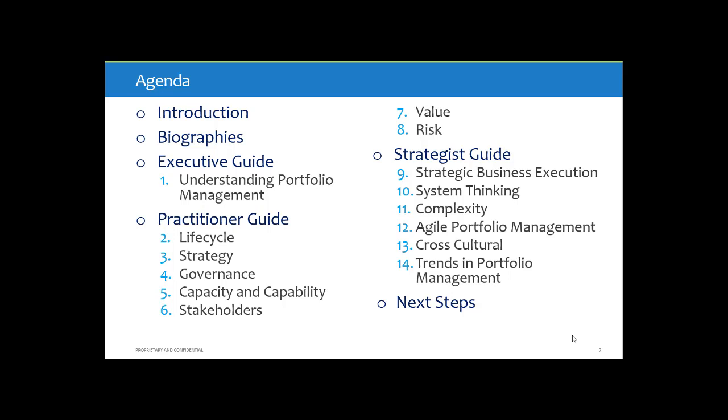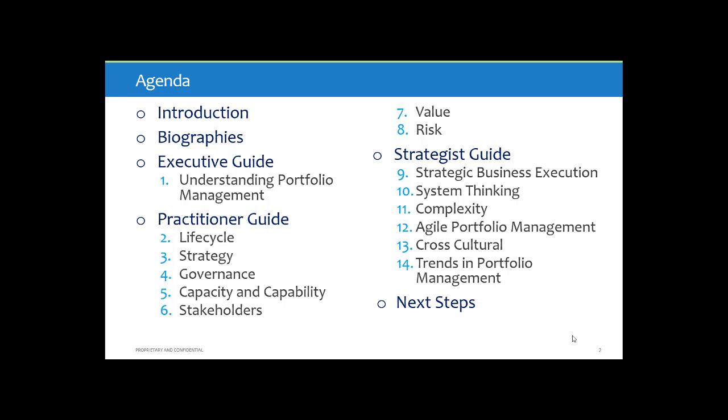The agenda for today's session includes an introduction. Why did we create this book in the first place? The biographies of the contributors, there are 8 of us, and then a little deeper dive into the various sections of the book, starting with the executive guide, the practitioner guide, and the strategist guide.